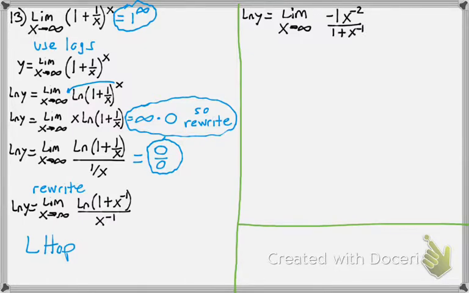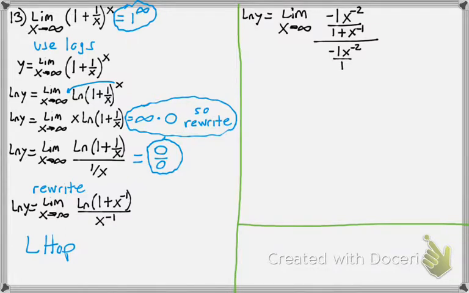So definitely go back and look at your derivative of ln rules. And then the denominator will be -1 x to the -2, and I am going to call this over 1.